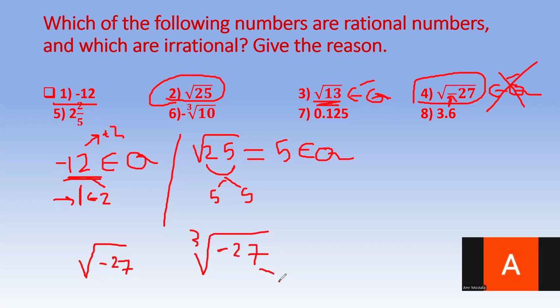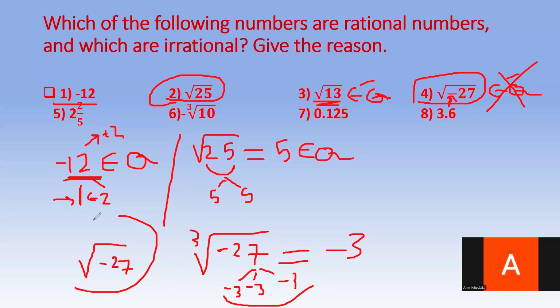So negative 27 equals negative 3 by negative 3 by negative 3, the product of three similar numbers. But the square root of negative 27 you will take in secondary, on imaginary numbers, but not now, okay? So it's not rational, not irrational, not a real number.